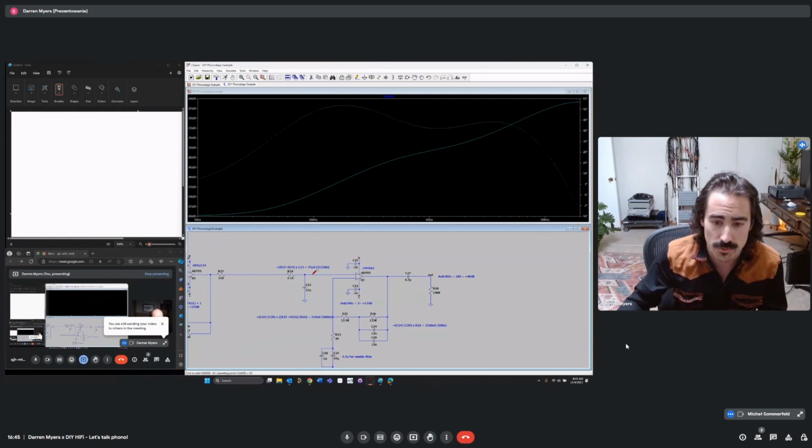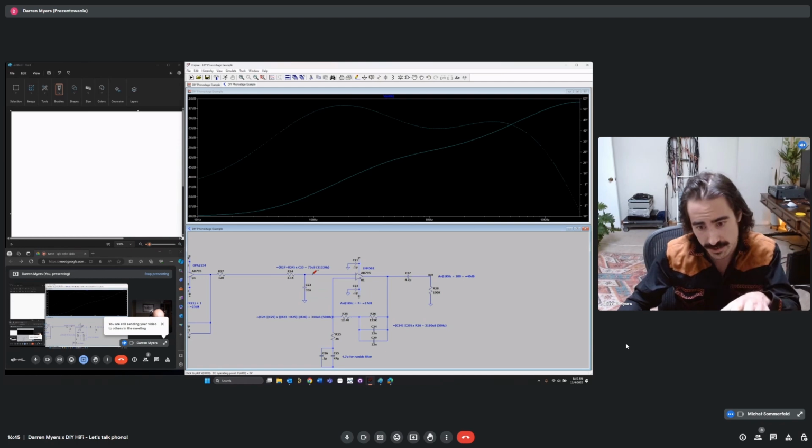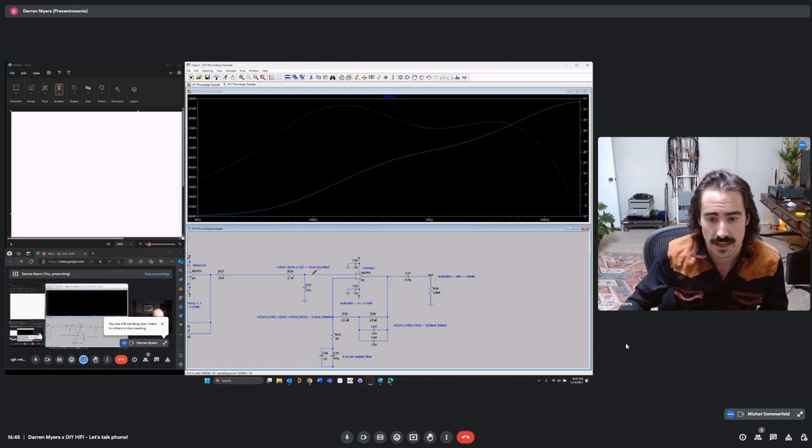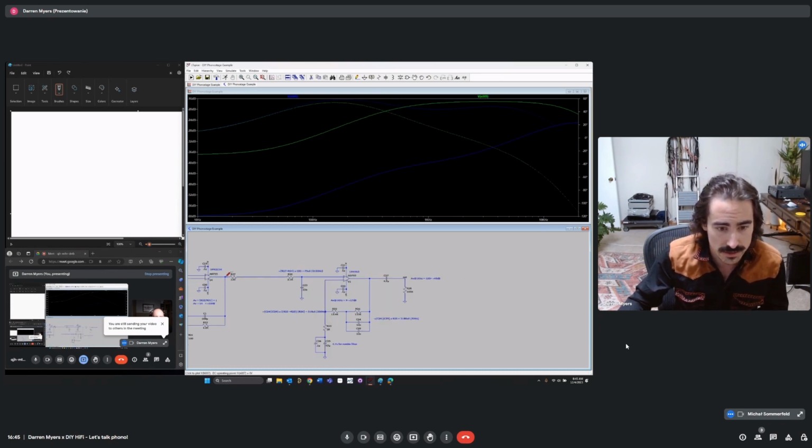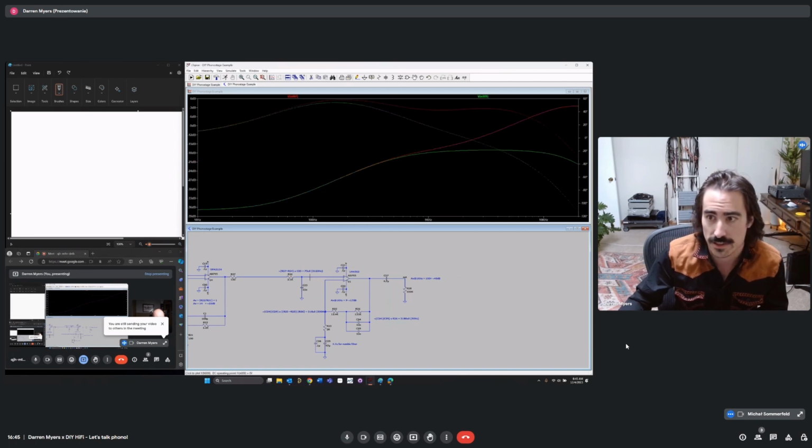And let's just look at what happens right after this passive network here. So this is before it, and then this would be right after.